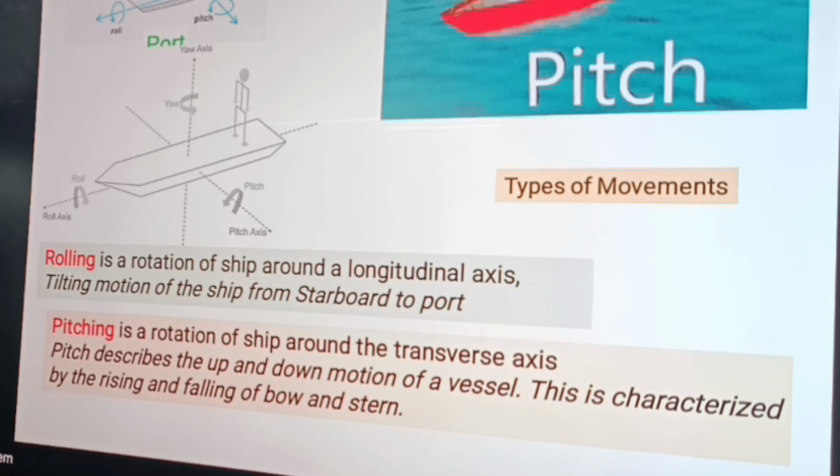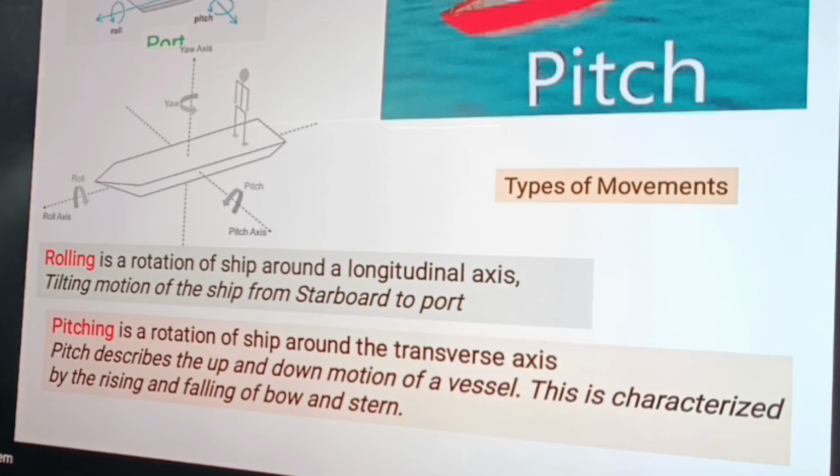Number two, pitching. Pitching is about which axis? Pitching is about the transverse axis. So it is motion around the transverse axis. It is up and down motion of a vessel. Vessel means ship. Ship is also called vessel. Up and down motion of the vessel.